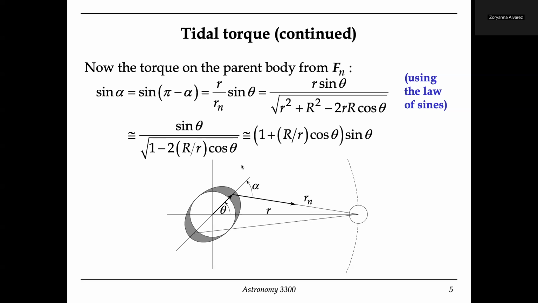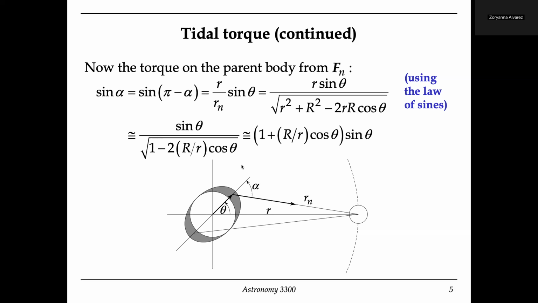They're small. Then we have the angle theta between these two, and the distance here to our body we call Rn.